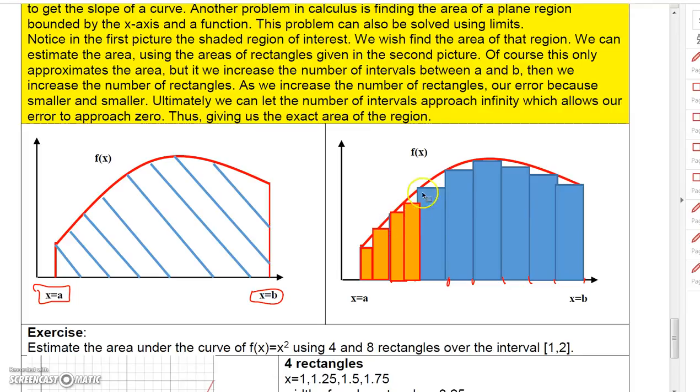So the more rectangles I get, the less error I'm going to get. Ultimately we can let the number of intervals approach infinity. That's the same as allowing the number of rectangles to approach infinity, and that will force our error to approach 0. Thus it gives us the exact area of the region.